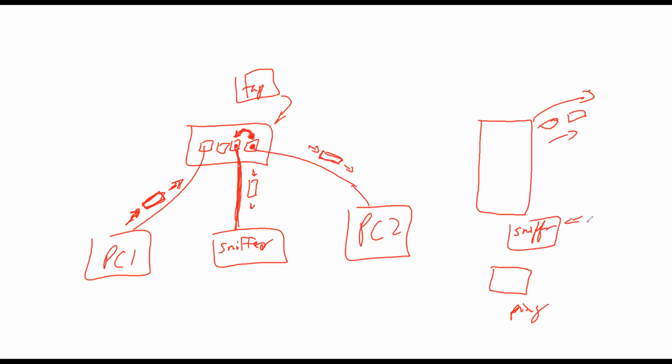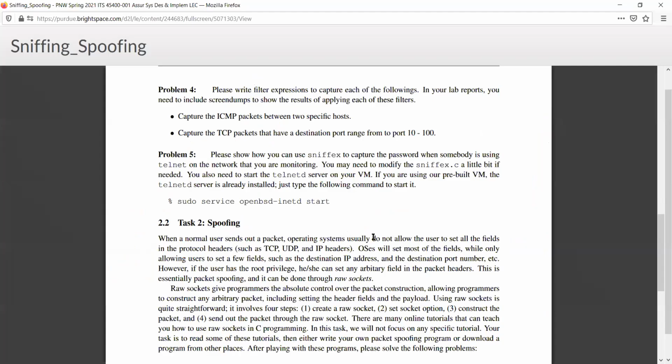All right, I'm trying to give you the big picture of it, but a lot of this can be simplified in the lab. Now that was the first problem. Second problem, you should be seeing the PDF. Second problem is capture the TCP packets that have a destination port range of 10 to 100, right?